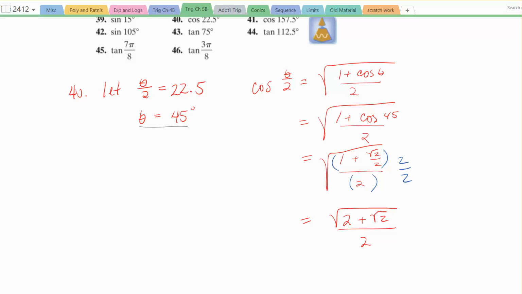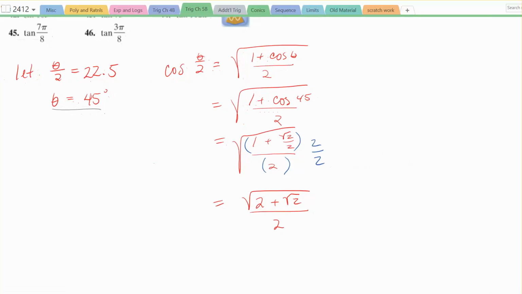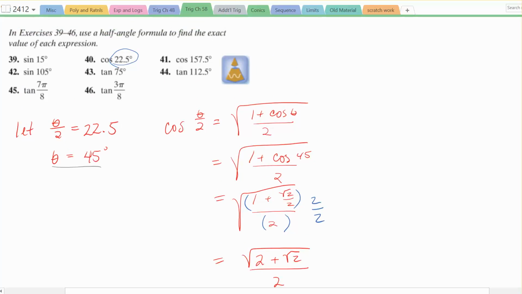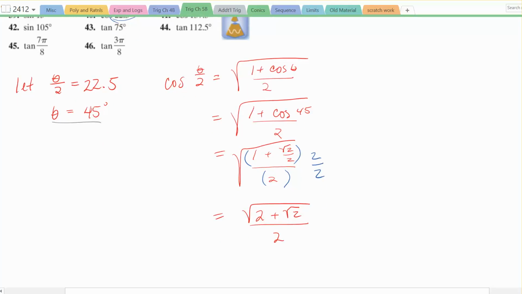If I take the square root of 4, I'm left with 2. Now, remember that the half-angle identity for cosine says I have both the positive or negative values since I'm taking the square root. Well, because the angle I started with, which was 22.5, is in quadrant 1, then the cosine of that angle has to also be positive.